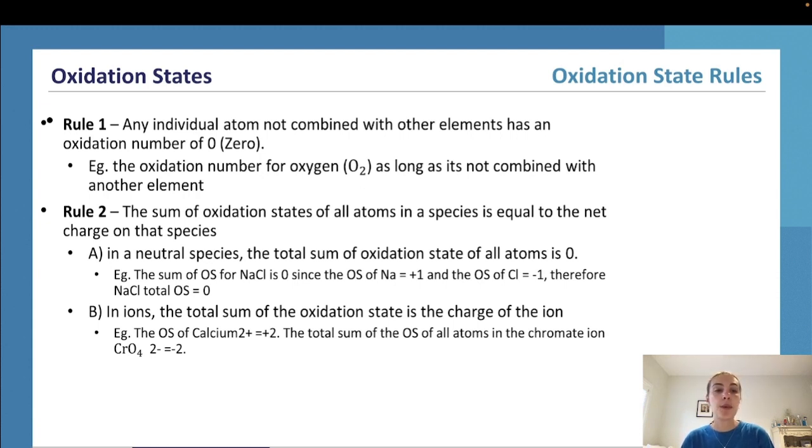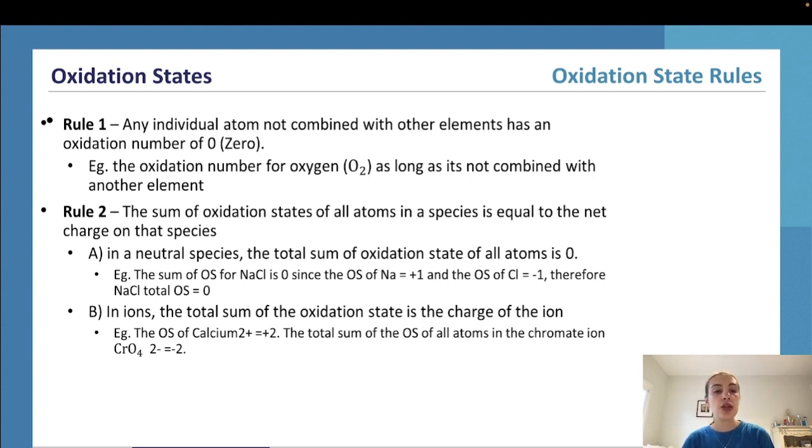Our second rule is that the sum of oxidation states of all of the atoms in a species will be equal to the net charge on that species. There's a part A and a part B to this rule, because there are different ways to consider this for a neutral species and for ions.